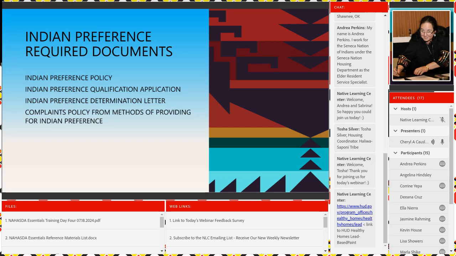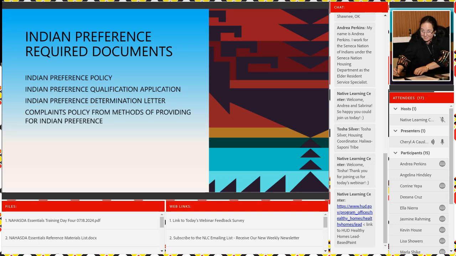There are several documents you should have on hand for Indian preference. You should have an Indian preference policy. You should have an Indian preference qualification application, because your contractors have to apply for Indian preference. You should have an Indian preference determination letter, because once they apply, you either grant them the Indian preference or you deny it.